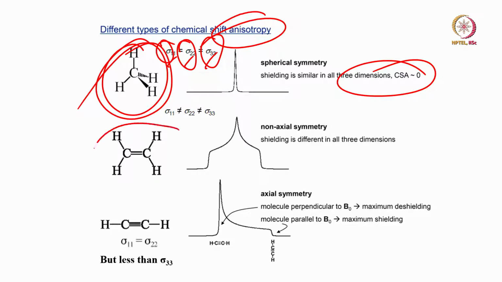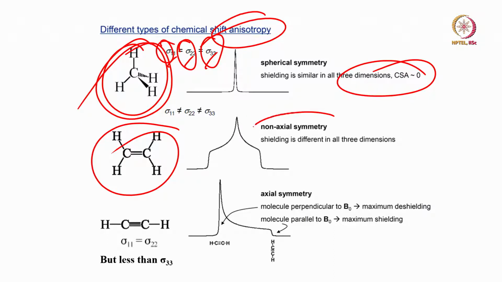Go to a molecule like ethylene. It has a non-axial symmetry. That means axial symmetry is different from non-axial symmetry. Of course, when you understand matrices you know what axial symmetry is, A transpose equals minus A, all those things; I don't want to go into the details. Remember, in symmetry you can have axial symmetry and non-axial symmetry.